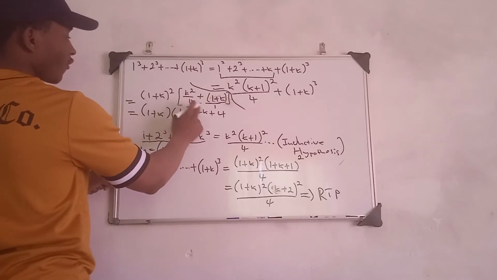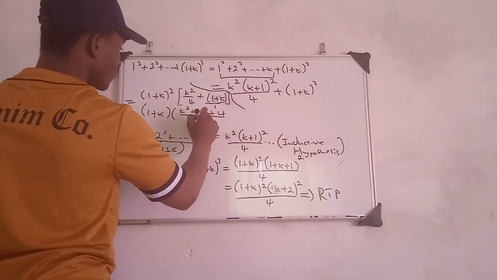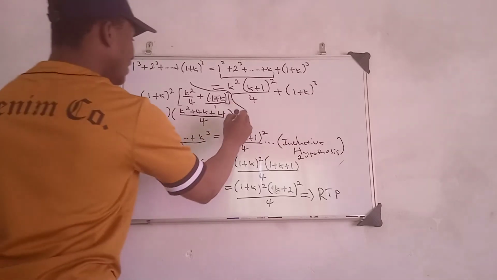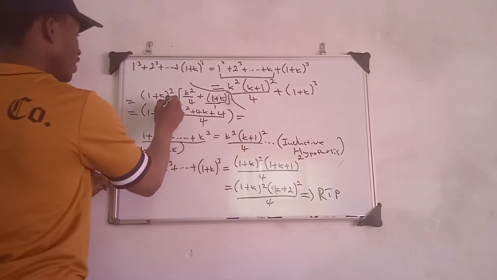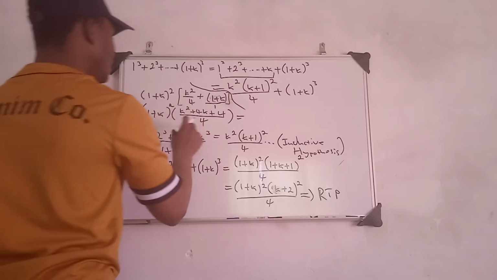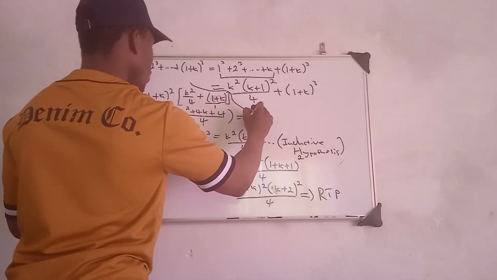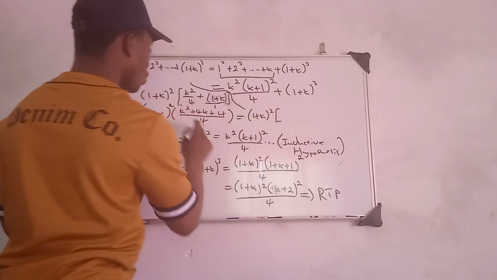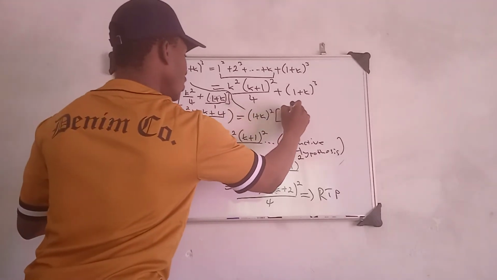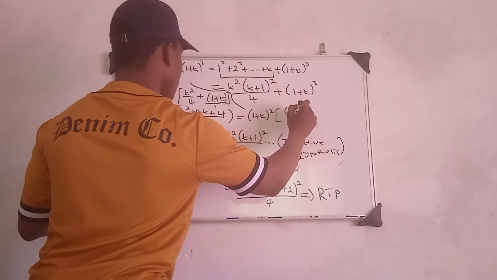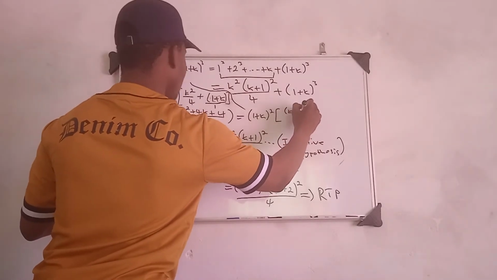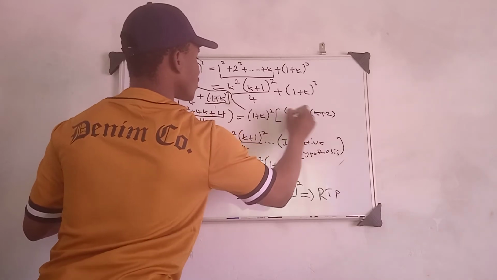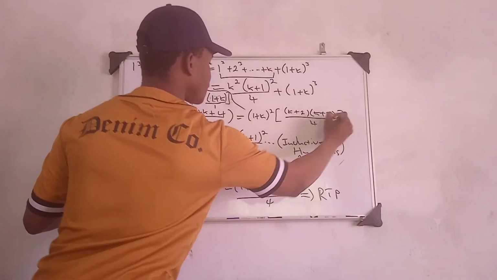If I multiply this 4 by 1, I'm just going to have 4. But this is squared, guys, don't forget. This is the same as (1 plus k) squared into, if we factor this out, (k plus 2)(k plus 2) all over 4.